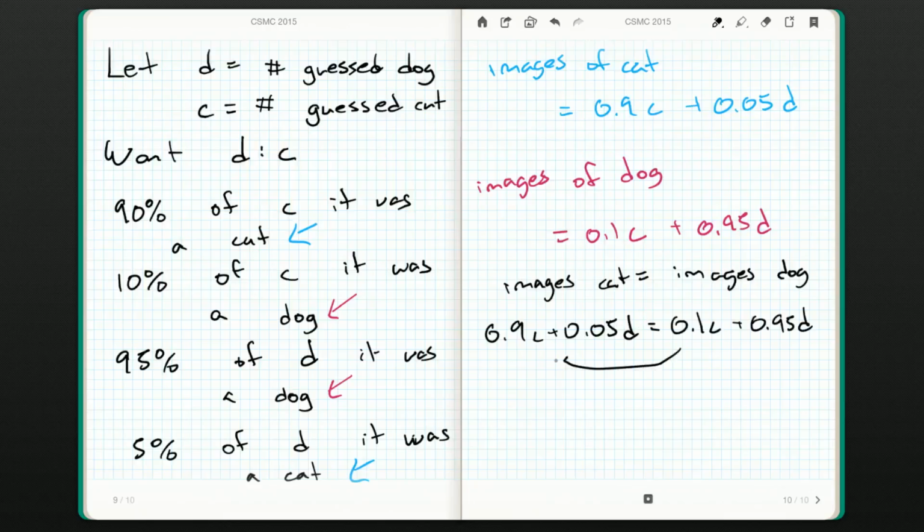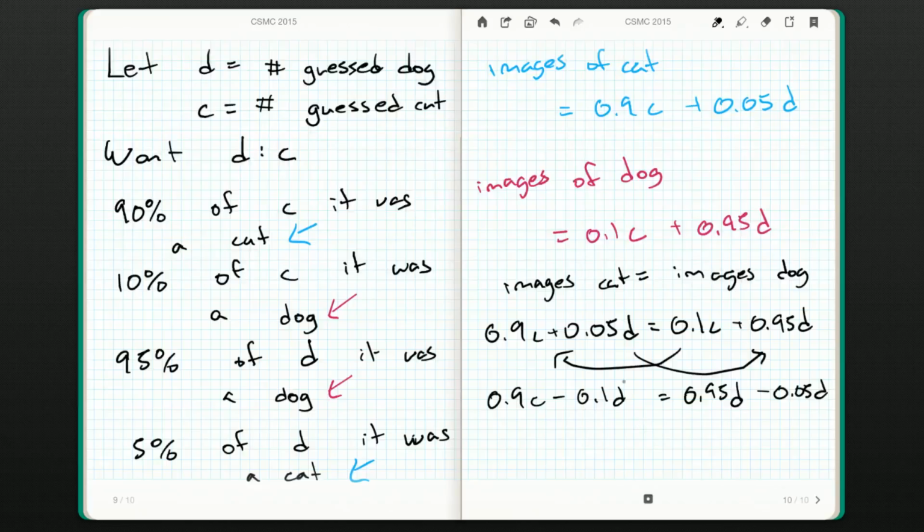Either way, let's bring the C's over to the other side, and the D's over onto the right side. 0.9 minus 0.1.